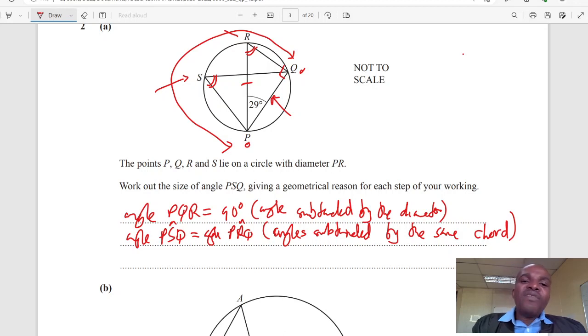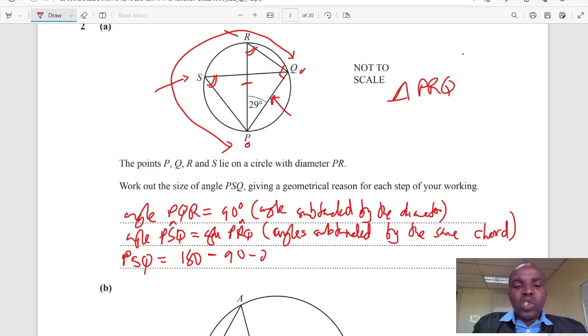Then you can find PRQ using triangle PRQ. So you can use angles in a triangle, right? Therefore, PSQ, which is the same as PRQ, is equal to 180 minus 90 minus 29.